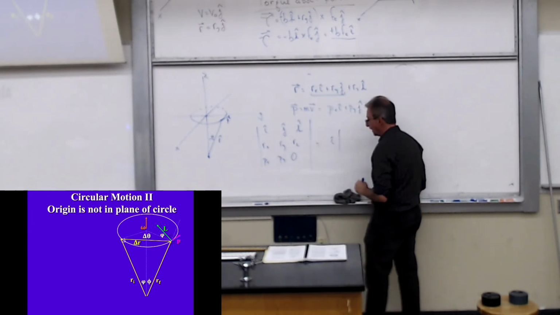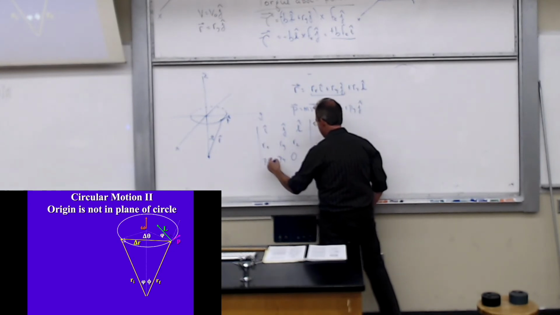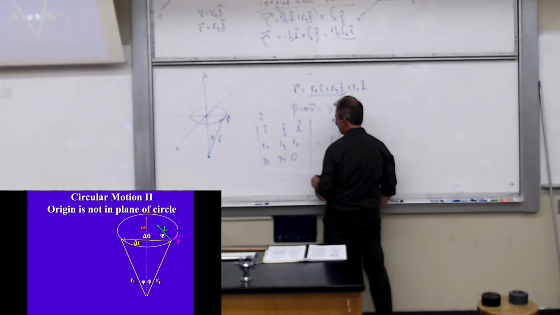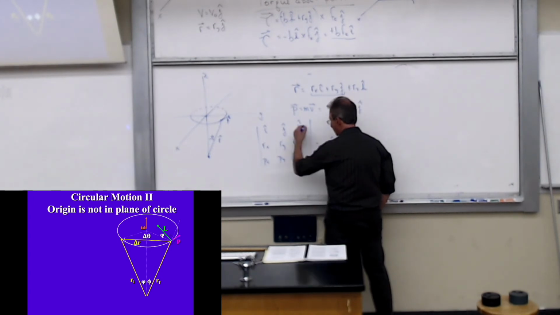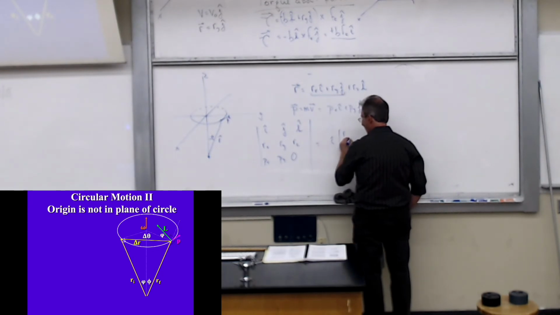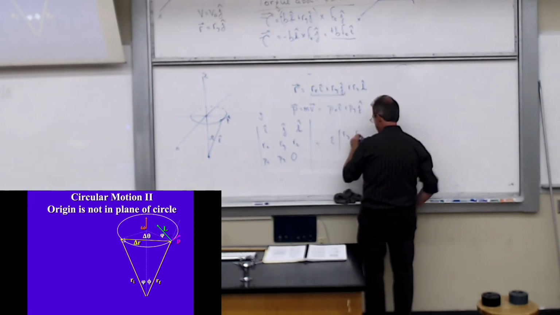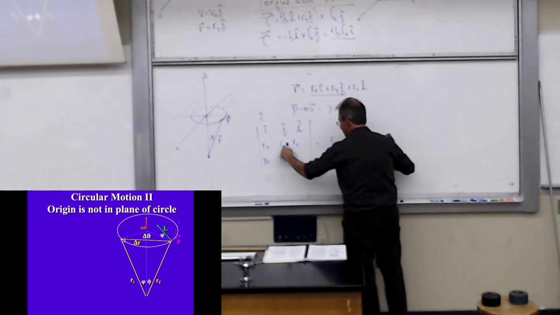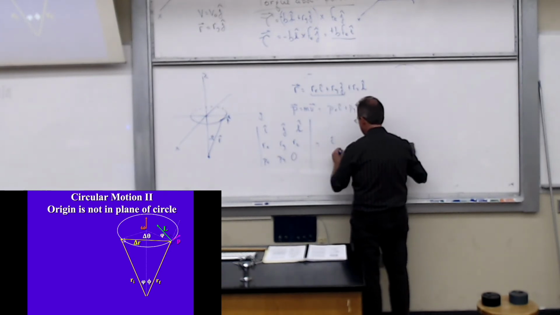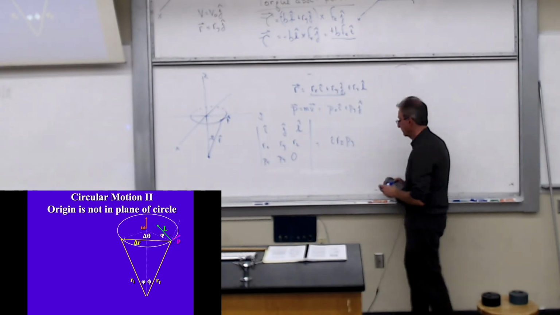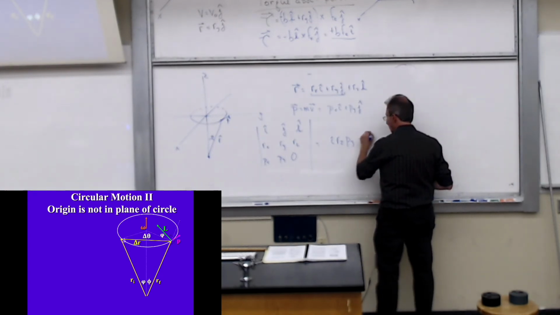Here comes the i hat term. Cross this and cross that. What am I going to get? Let's do it quickly. We're going to get this times this minus that times that, right? What about the j hat term?